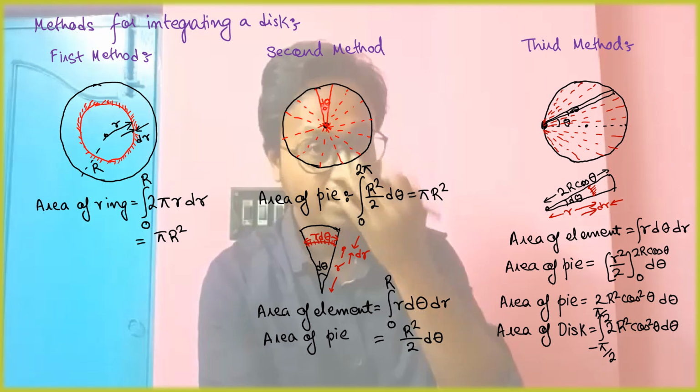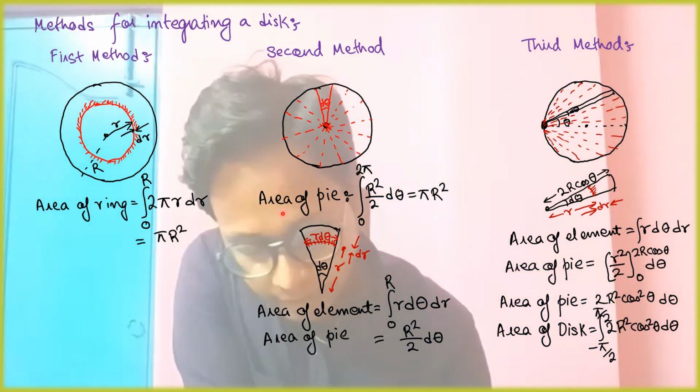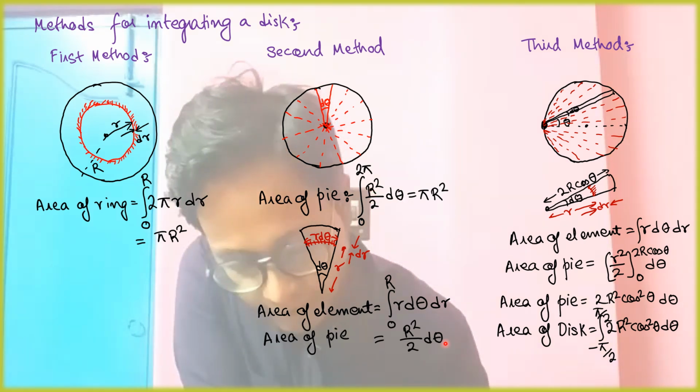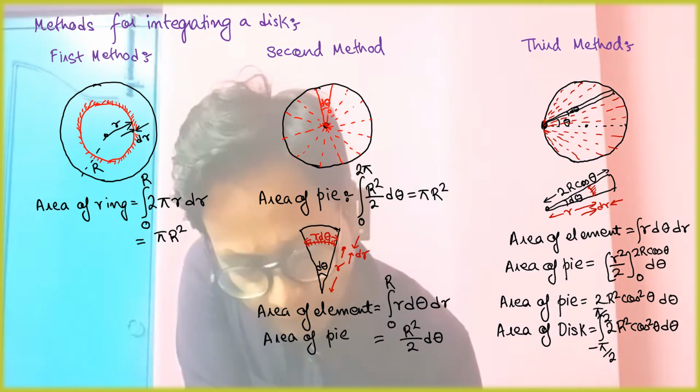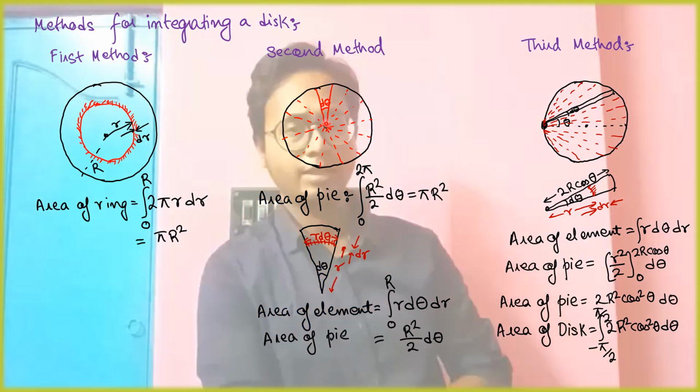The second method is integrating a pie for entire angle 2 pi. So area of pie is nothing but r square by 2 d theta. I've already derived out here, or area of pie is derived by length into thickness. So r d theta into dr, which gives r square by 2 d theta. And if I integrate this pie from 0 to 2 pi, I'll get pi r square, isn't it?